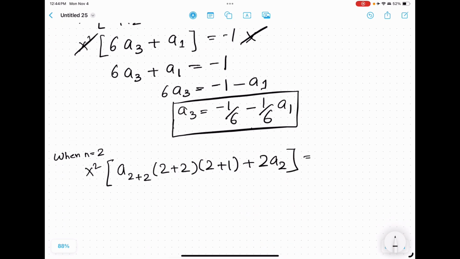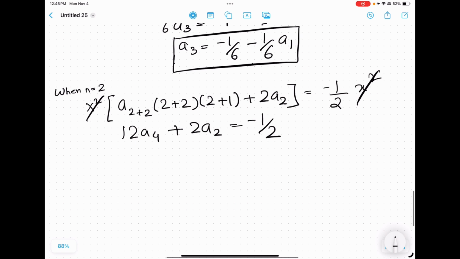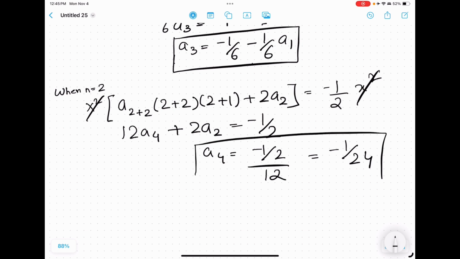So I have negative 1 by 2 x squared. Canceling out the x squares and simplifying, I have 2 plus 2, which is 4, and 2 plus 1, which is 3, and 4 times 3 is 12, so 12 a sub 4 plus 2a sub 2 equals negative half. I know that my a sub 2 is 0, so my a sub 4 is negative half divided by 12, which is negative 1 by 24. And that is my a sub 4.